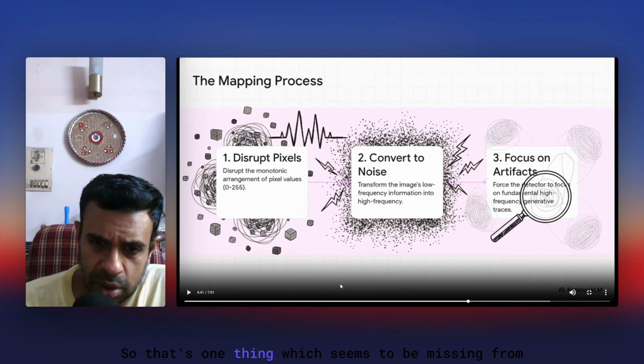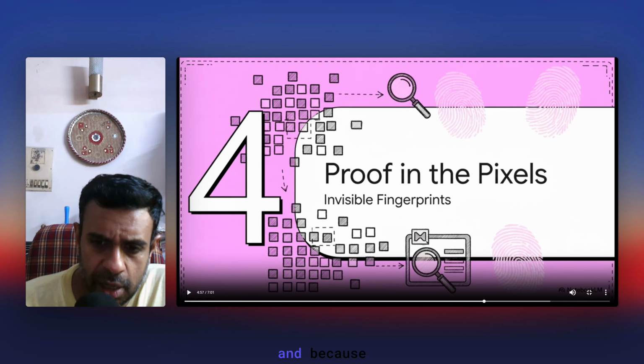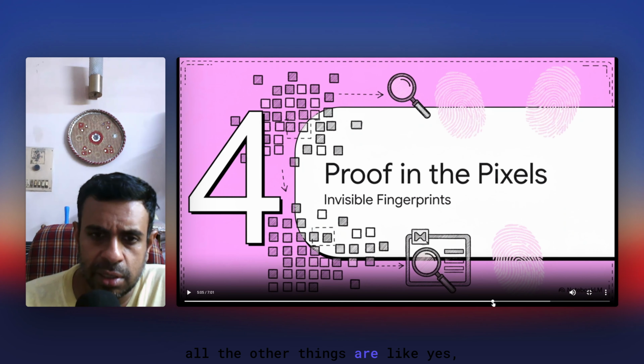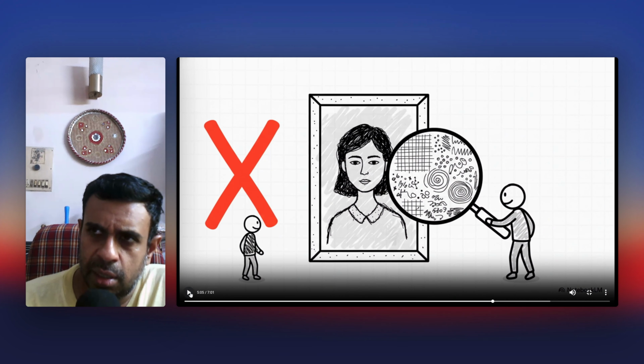So that's one thing which seems to be missing from this, at least from this initial video. You can see the results, and it's working, and all of that is fine. But the how are they doing it is still not very clear from here.